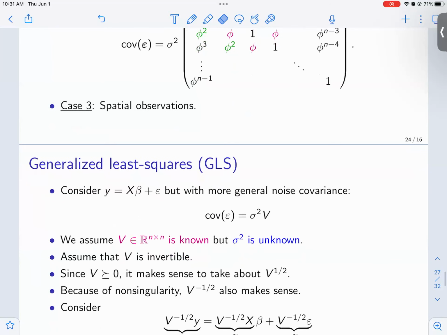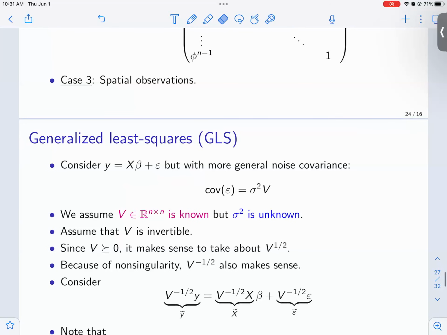If I know V, I don't know sigma squared, and also V is invertible. V has to be positive semi-definite. I can form V negative 1/2. If you remember, there's this denoising business that we talked about. If I apply V negative 1/2 to everything, to y, to x, so multiply both sides by V negative 1/2, this is what we get.